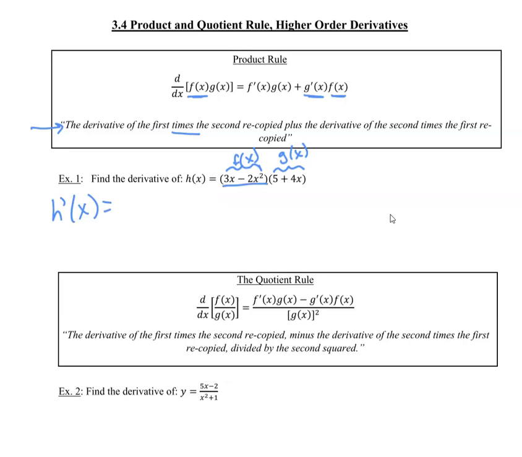So the derivative of this would be 3 minus 4x times the second recopied, so 5 plus 4x, plus the derivative of the second, which would be 4, times the first recopied, 3x minus 2x squared. And that's your product rule.